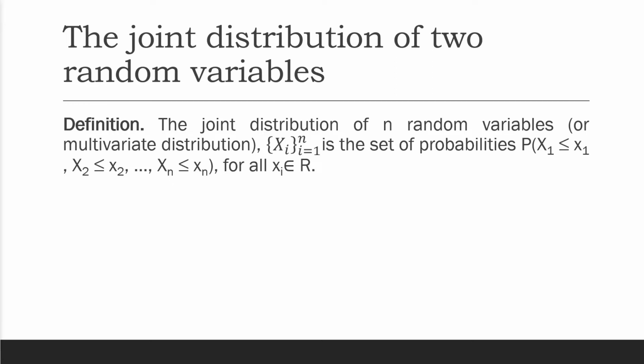So, in other words, the joint distribution is uniquely defined by a multivariate cumulative distribution function.